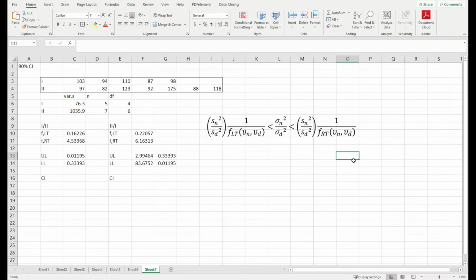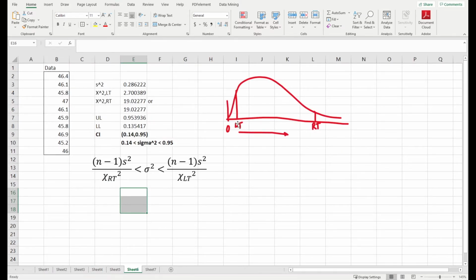So ito, pinalitan ko na yung mga ones and twos, ginawa ko na lang n's and d's, para mas madali natin matandaan na numerator and denominator yung ibig natin sabihin dito. Okay? So instead of multiplying, dapat dinivide natin siya. Tapos, similar dito sa chi-square wherein yung left tail natin is smaller than your right tail, and therefore, dapat baliktad yung limits.